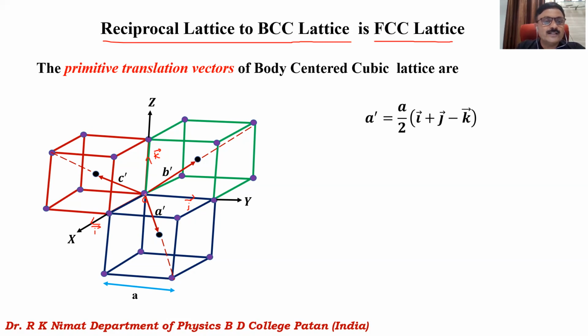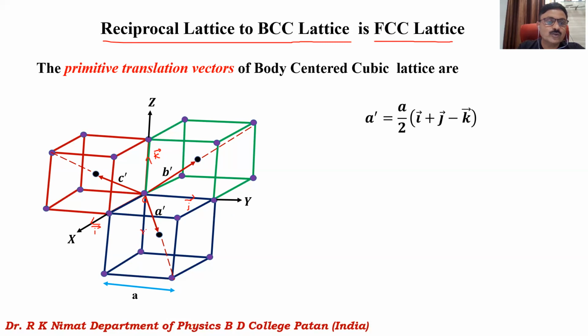As we know the distance between the corner atom and body center atom, the vector a dash will be represented as a dash is equal to a by 2 into bracket unit vector i plus unit vector j minus unit vector k, because if you consider this, the x-axis is in positive quadrant, y-axis in positive quadrant, and the z-axis is in negative direction.